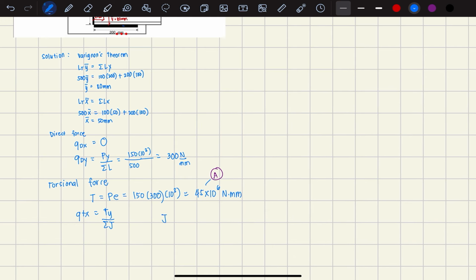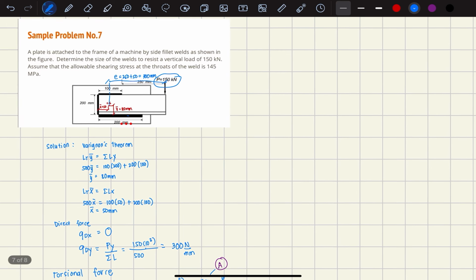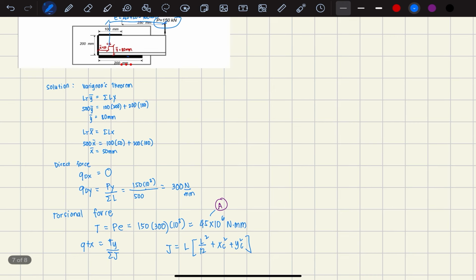So, yung polar moment of inertia is equal to L times L over 12 squared plus x sub c squared plus y sub c squared. Yan. Yan yung eccentricity is 250 plus 50, 300 mm.